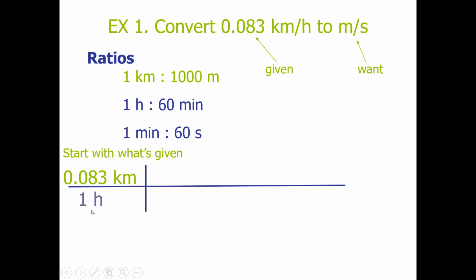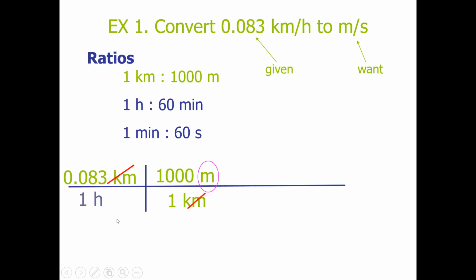Right now, just mentally block out that denominator and let's focus on converting the numerator. The rules have not changed. If I have kilometers in the numerator, diagonal from that, I also need kilometers. So 1 kilometer goes in the bottom and 1,000 meters goes in the top. When I cancel out my units diagonally, it leaves me with meters in the numerator, which is what I wanted in my final answer.